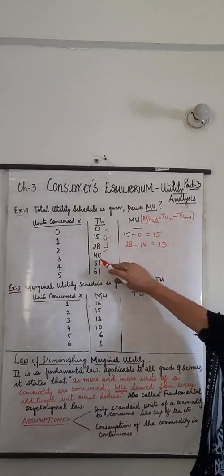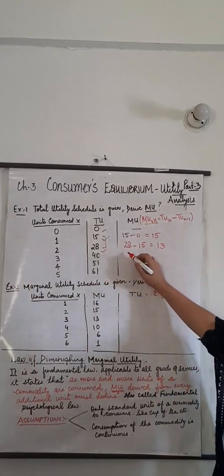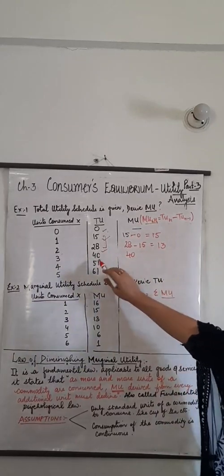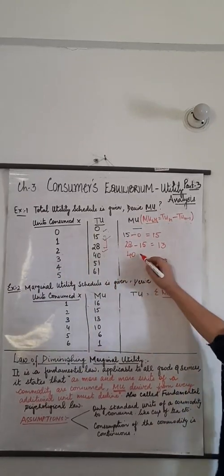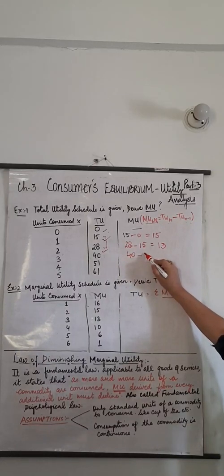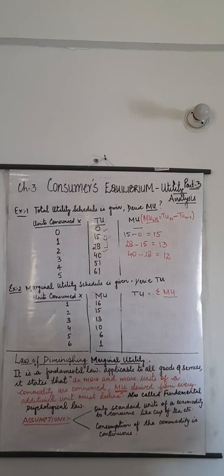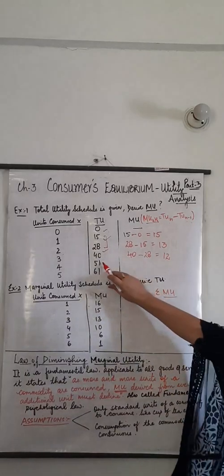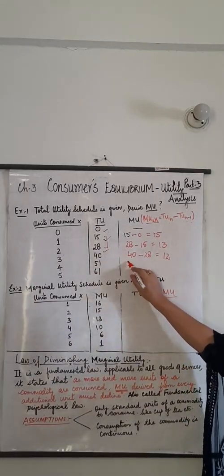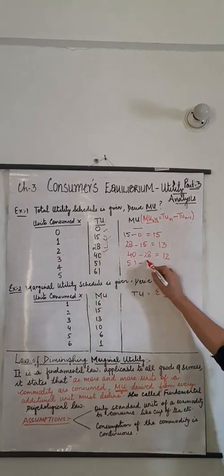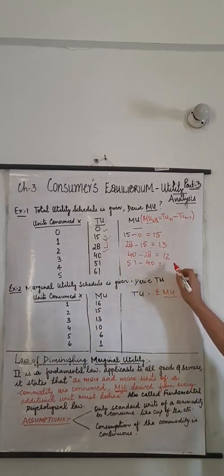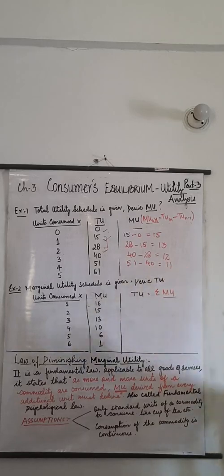At the third one, TU is 40 and TUn minus 1 is 28. It says 12. Again, it is 51 minus the prior one 40, that is your 11.